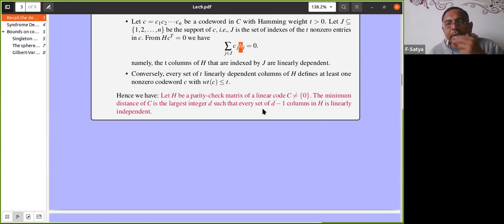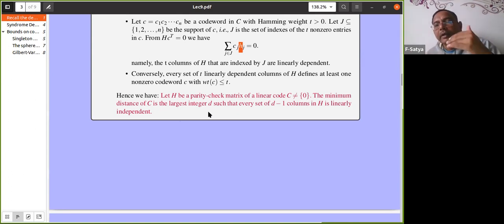It's the largest d such that every set of d minus one columns is linearly independent. If there is at least one set of d columns which are linearly dependent, then I have a code word with that weight. Yesterday you saw the matrix, right? There you checked that all single columns are linearly independent, and any two columns are also linearly independent.